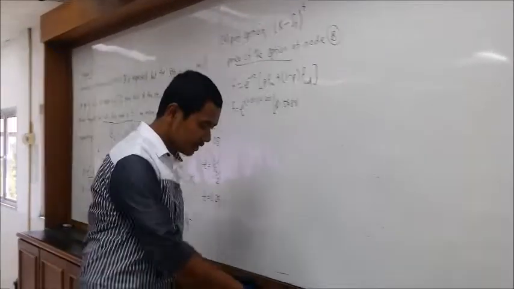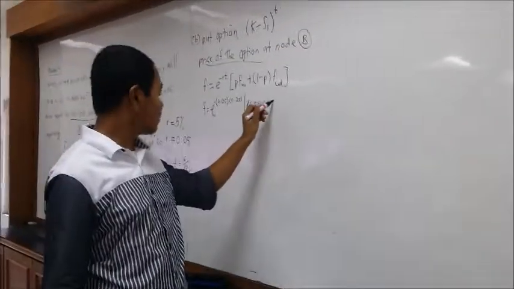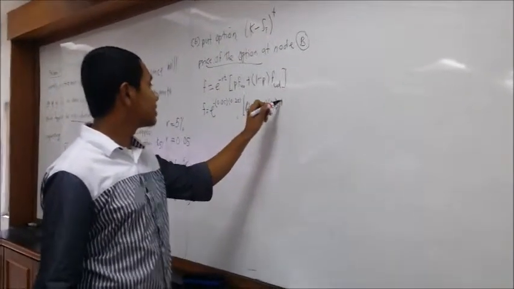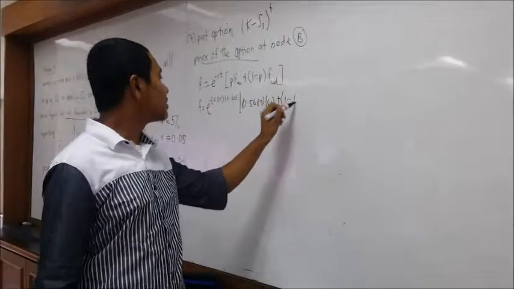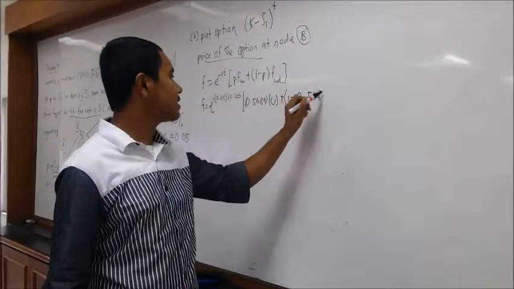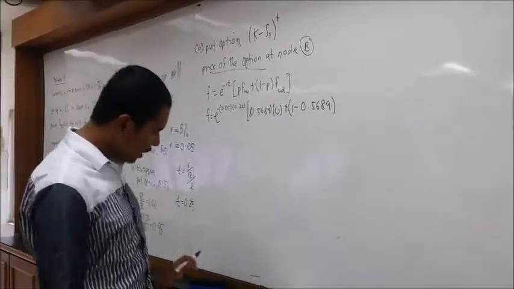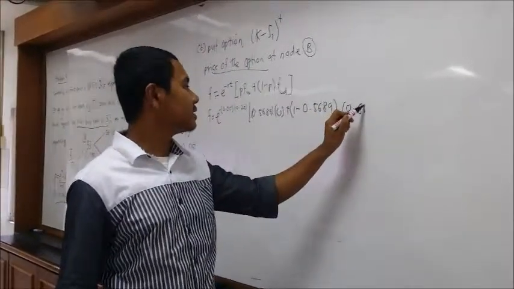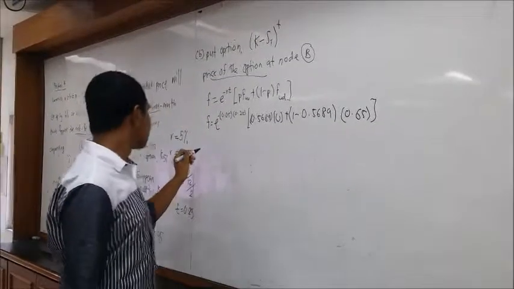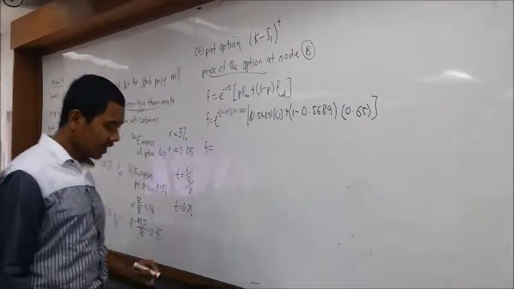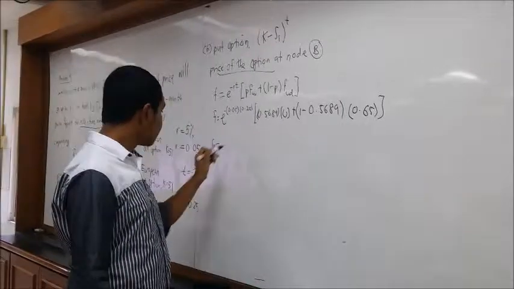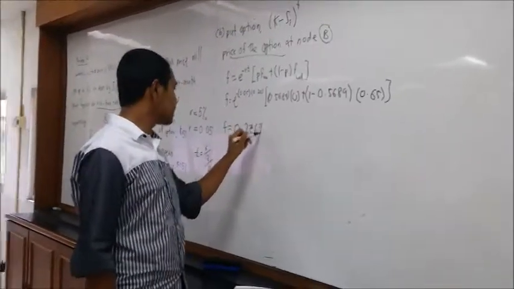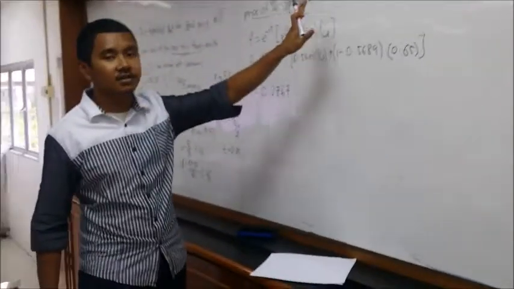Our FUU here is 0, plus 1 minus 0.5689 times our FUD, which is 0.65. Punch it in the calculator and get 0.2767. This is the price of the option at node B.